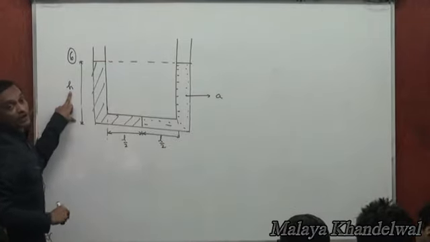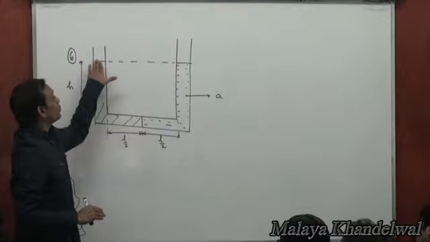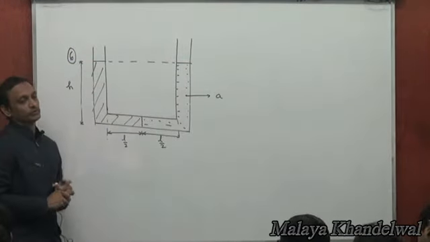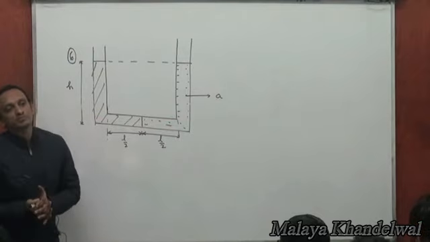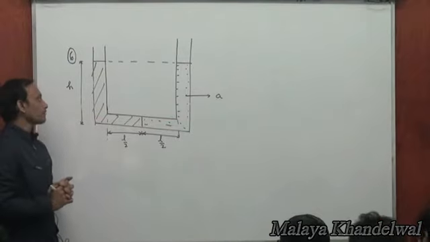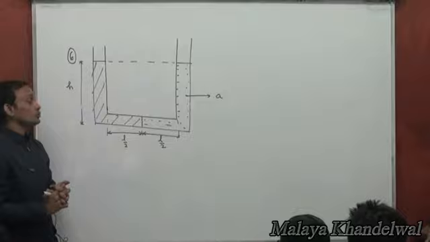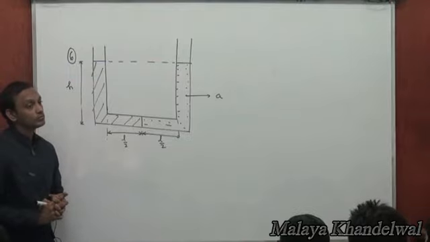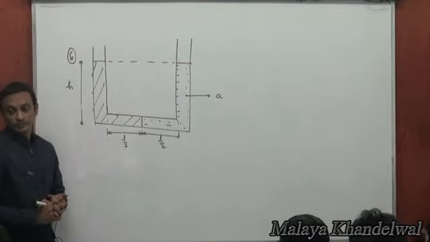And you want to be able to find the height, given that both the levels are the same. First of all, by mere inspection, can you suggest which one would be 2 rho and which one would be rho? Left one would be 2 rho and right one would be rho. Why?